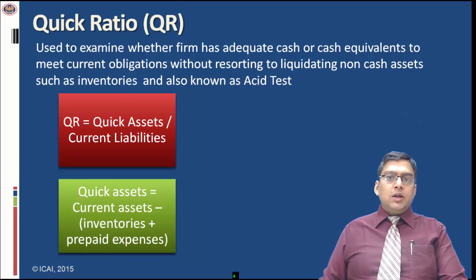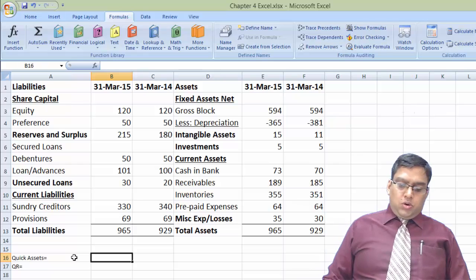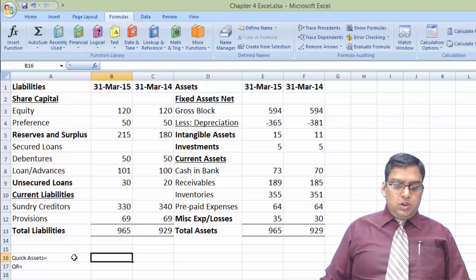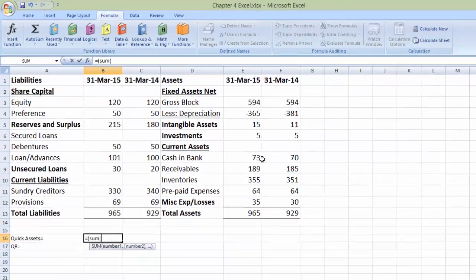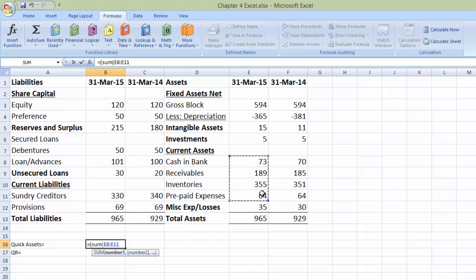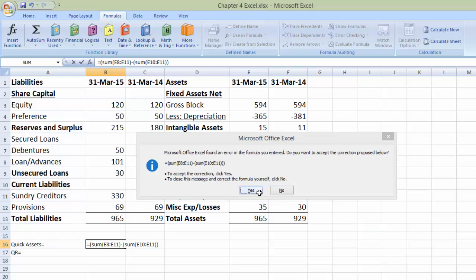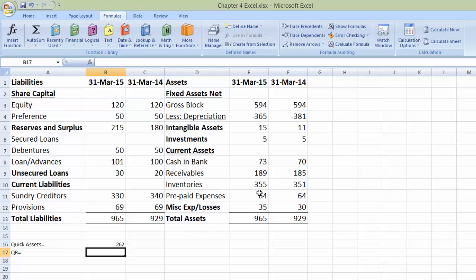Let's take an example of quick ratio. Quick assets equal the sum of current assets minus the sum of inventory plus prepaid expenses. And quick assets equal 262.